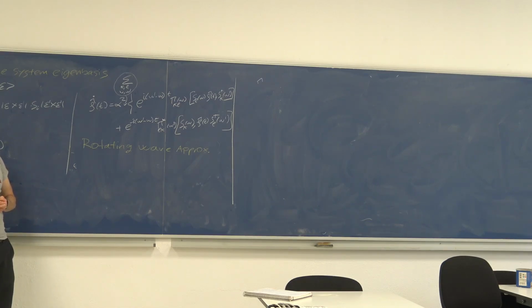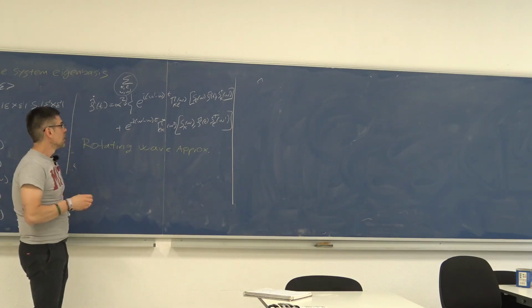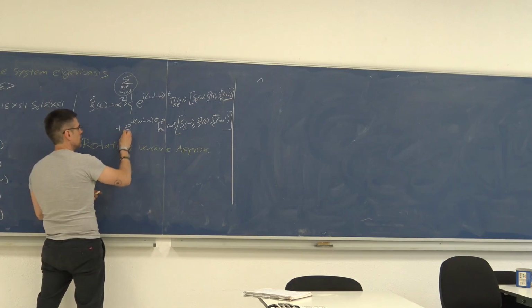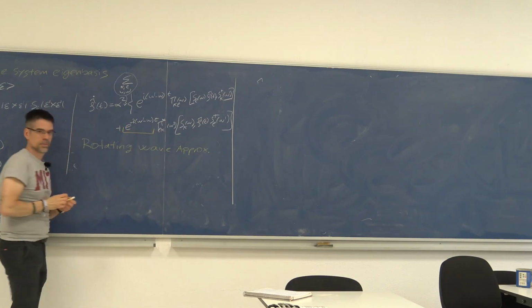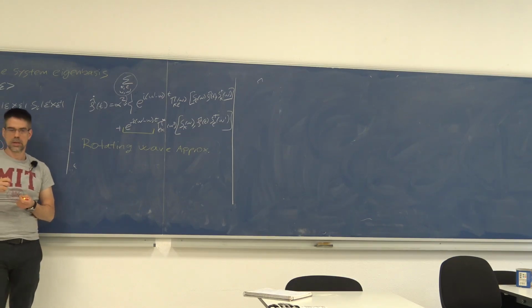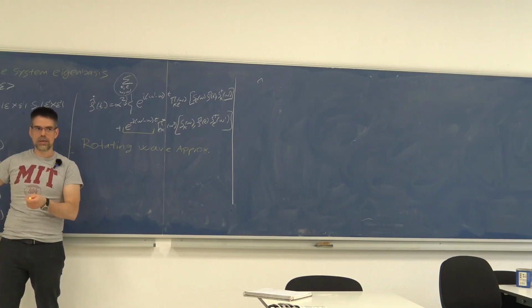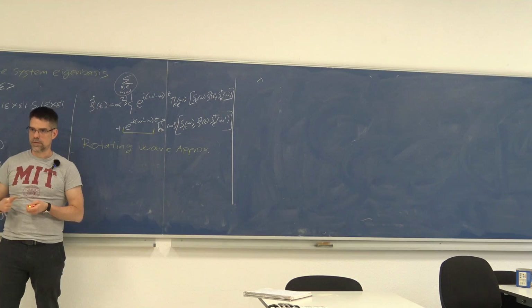Basically, omega and omega prime, which are energy differences, appear only in these terms here, these exponentials. And these are complex exponentials. You know that complex exponentials mean that you have oscillation. You can expand them as sine plus i times cosine, and then you have rotation.